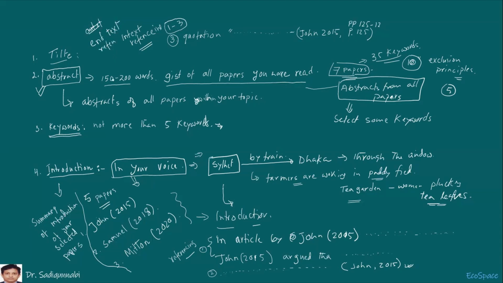And this end-text reference is nothing but the reference list. And this style 1, 2, 3 is called in-text referencing style.